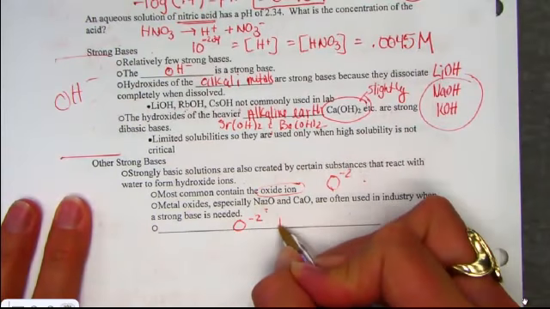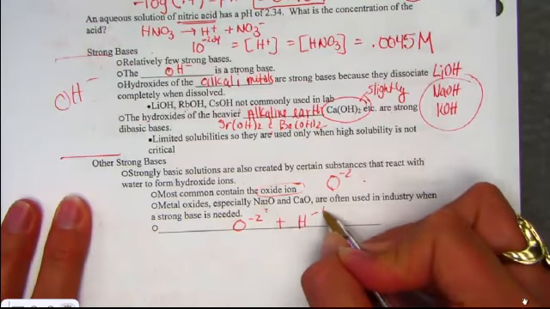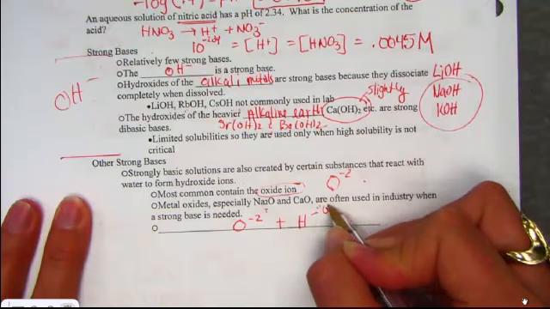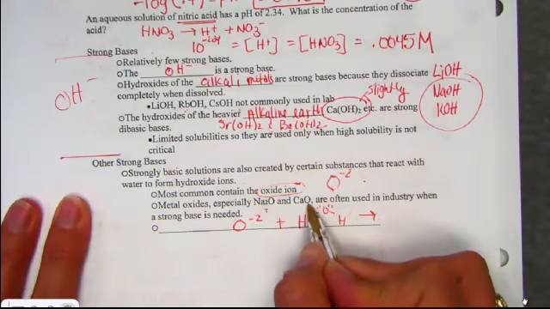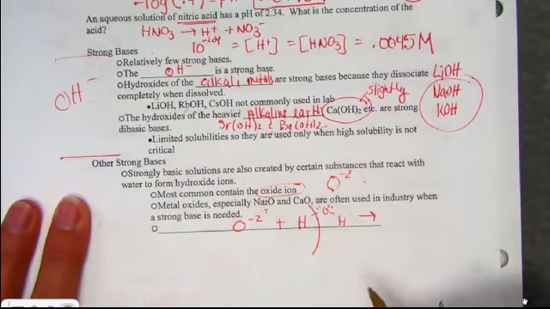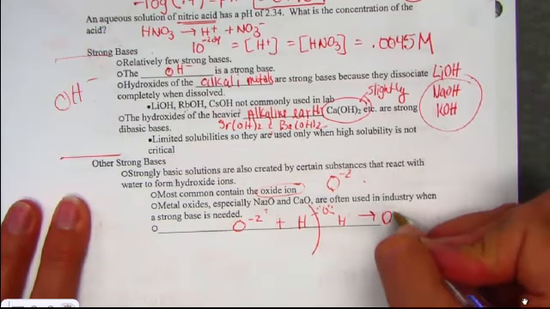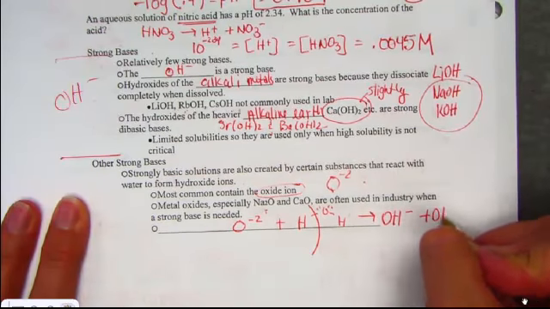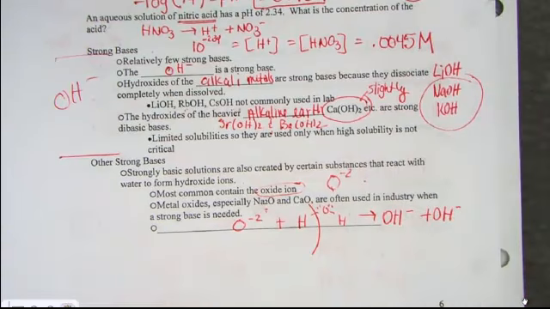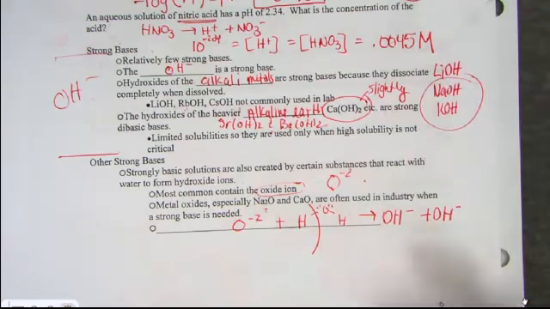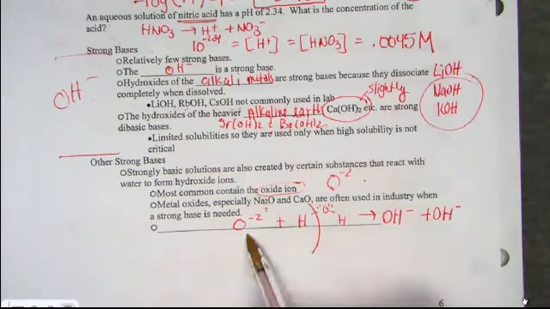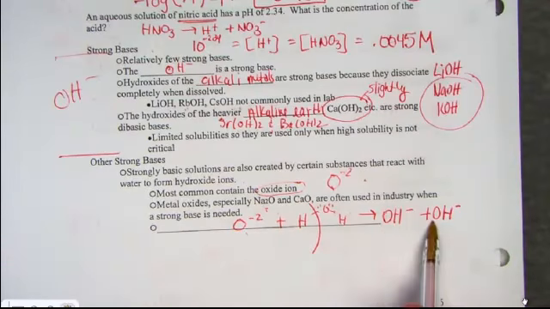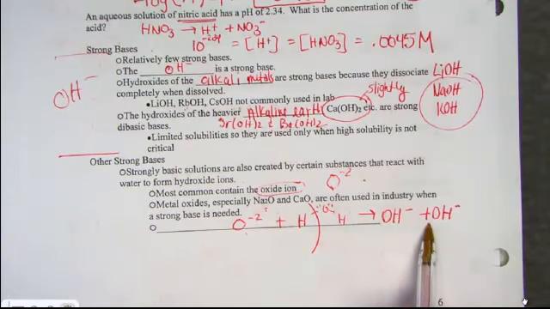If oxide is placed into water, H2O if you want, we cleave off that hydrogen ion and we produce two hydroxide ions in that conjugate pairing. So with one water molecule reacting with an oxide, we actually produce twice the base ion, OH negative and OH negative.